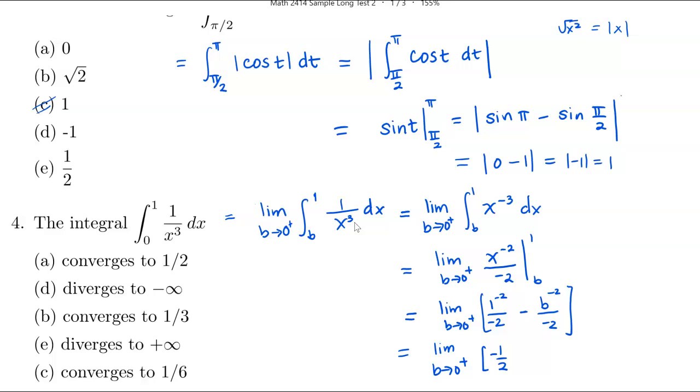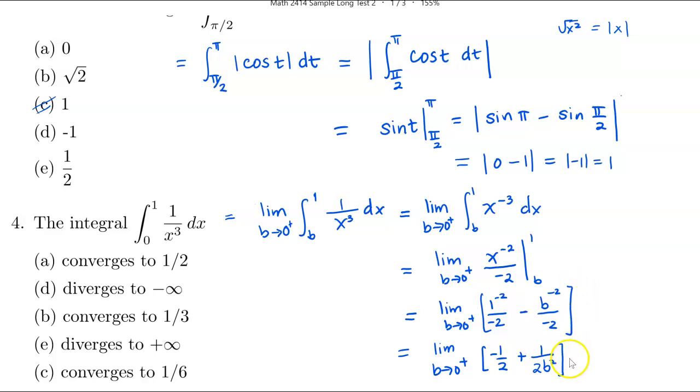Then, because of the double negatives here, negative, negative, that second term is positive. Then, laws of exponents: if the exponent is negative and you want to make it positive, you have to bring down the expression and change the exponent to positive. So that makes it 1 over 2b squared.